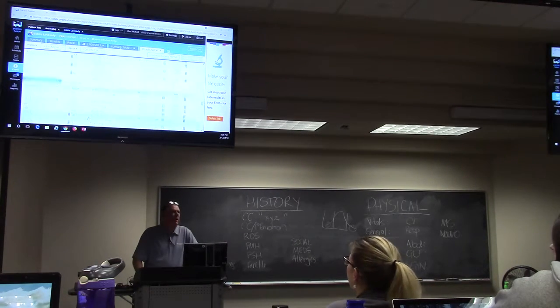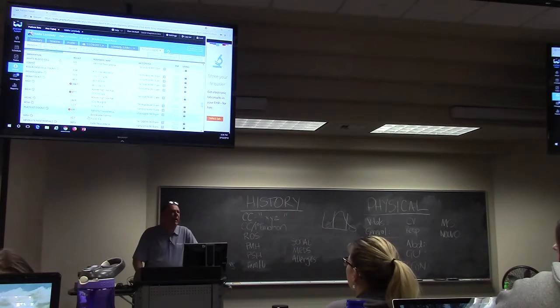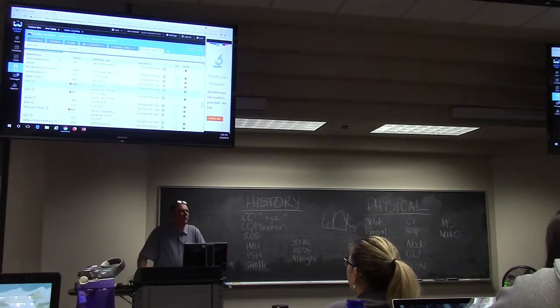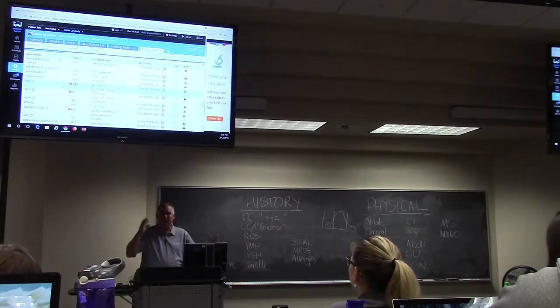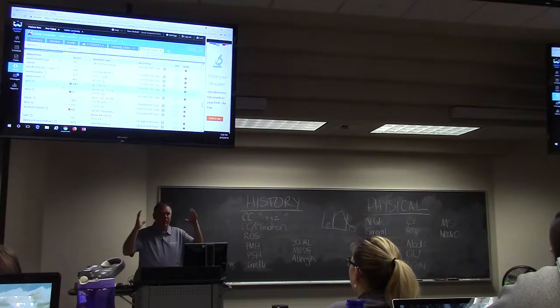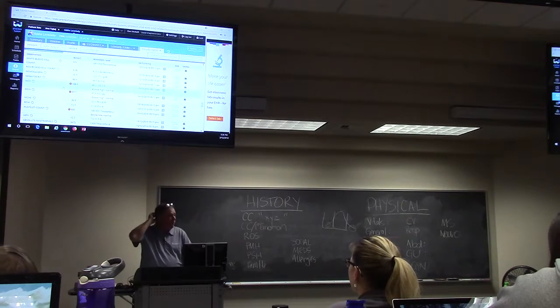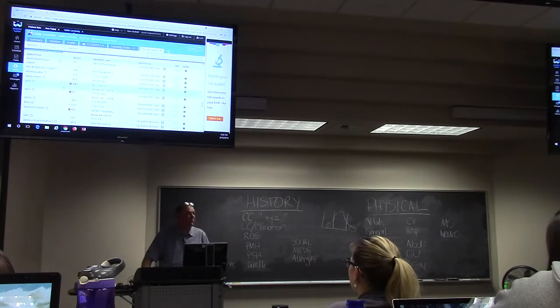Okay. Here's his white blood cell count. Notice that his MCV, mean corpuscular volume, is high. Remember the macrocytosis that he had? Macro is high. His volume is big. That's what you usually see in alcoholics.